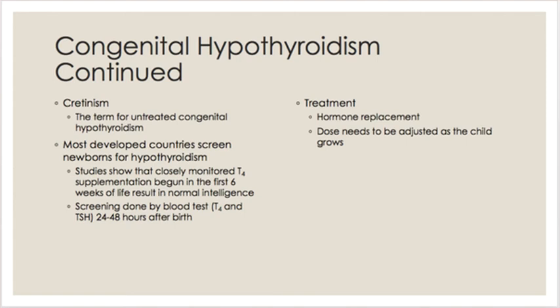Screening is done by blood tests, so they measure T4 and TSH, and they do this 24 to 48 hours after birth. And it's done by a heel stick. They just need a drop of blood. Treatment is going to be hormone replacement for life, and the dose is going to need to be frequently adjusted as the child grows.